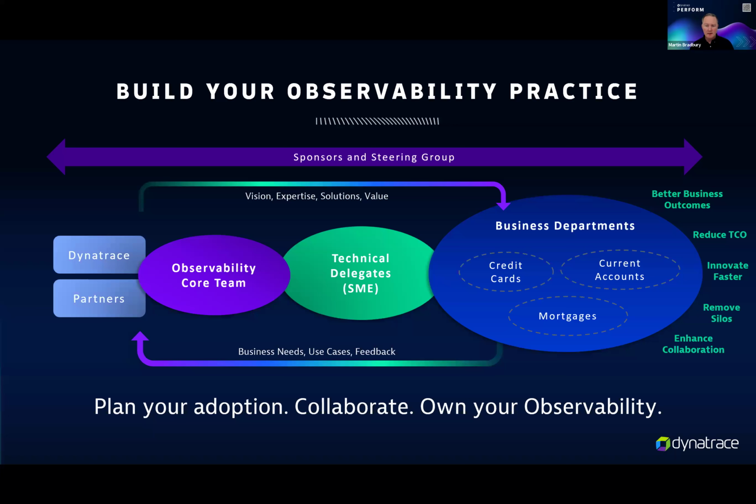If I just refer to an example, a large building society in the UK that we won as a new logo customer about 18 months ago. They had three key tools they were looking to replace and consolidate. Historically, they'd had quite a traumatic deployment of some of this technology. It had been very manual, and it had taken a long time to get the business to buy into the change.